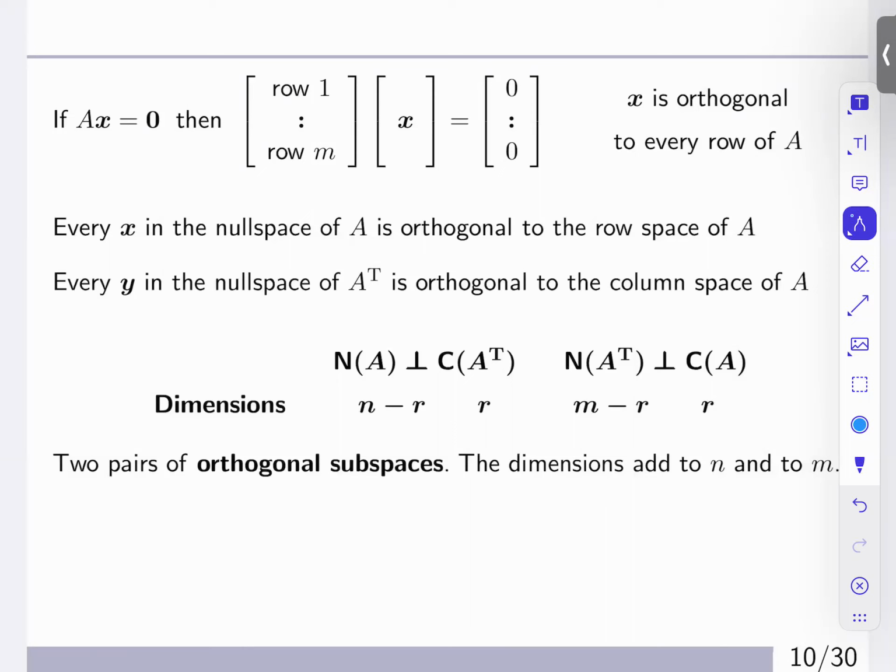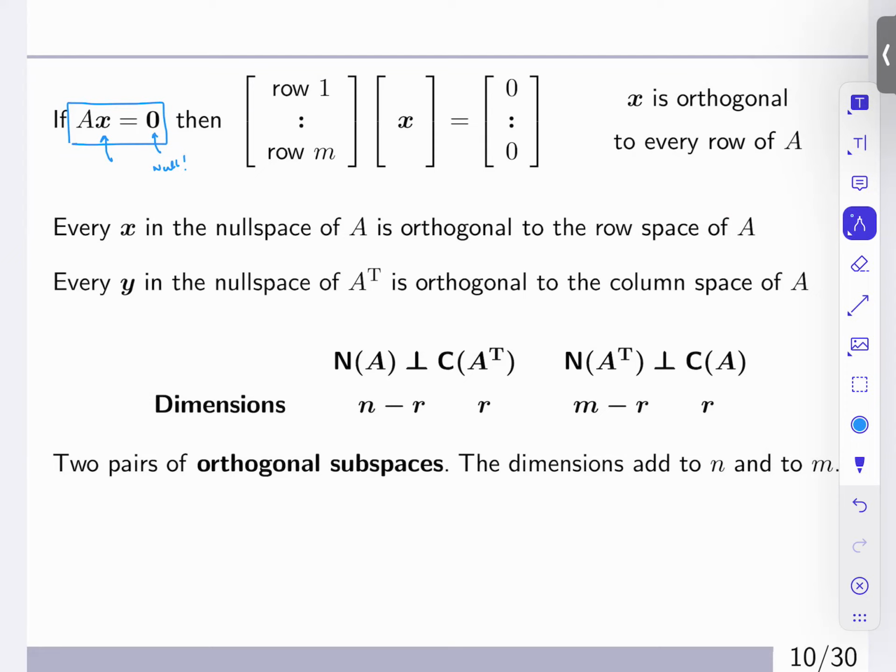Now, one thing I want you to think about: I briefly talked about the geometric significance of Ax equal to 0. Ax equal to 0 means that you have a vector x, and once you multiply a matrix by that vector x, what you get is 0, or the null vector.